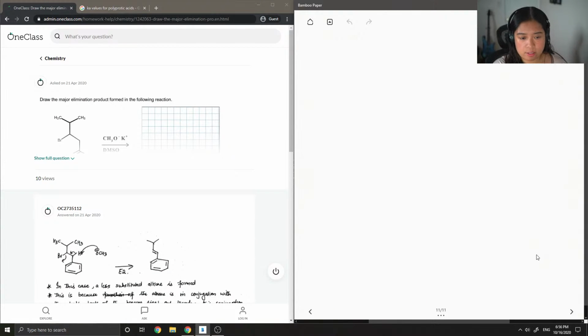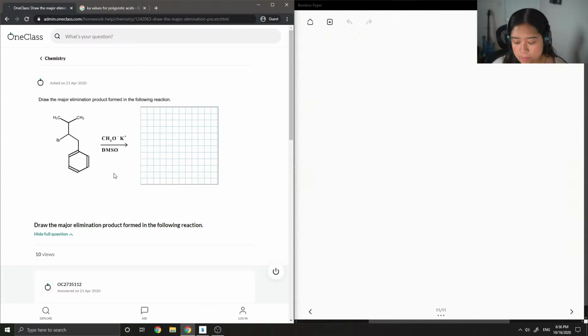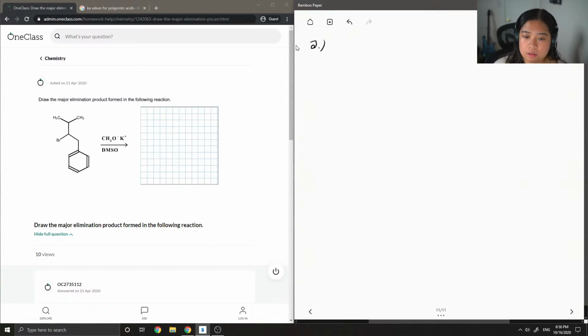Then on to our second question. Draw the major elimination product formed in the following reaction. So let me write down our starting product.